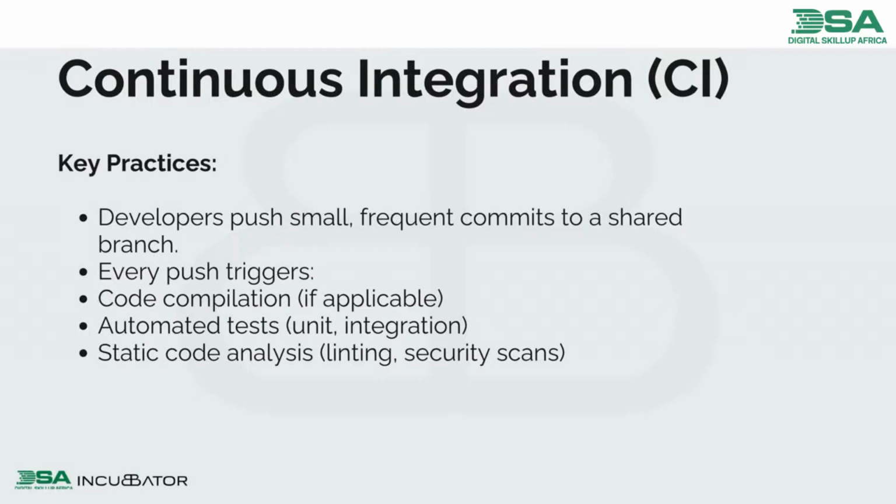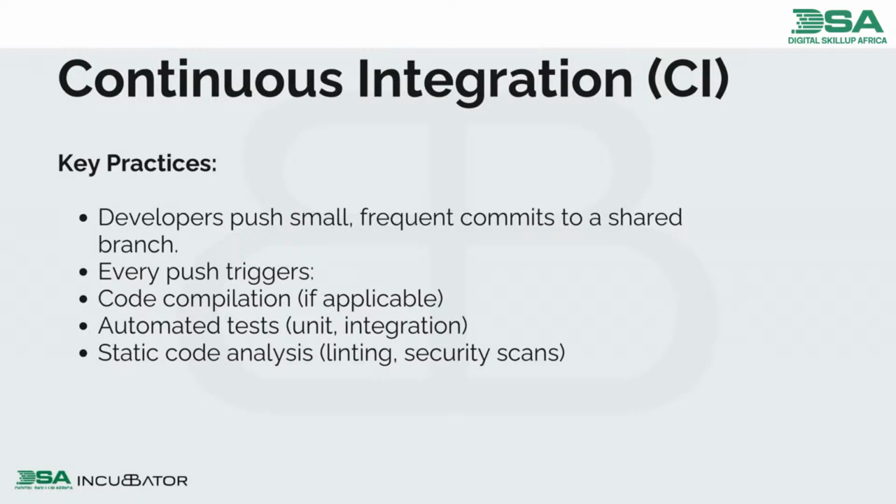What CI helps you with is that at every push you do, it can trigger something like code compilation. We learned about TypeScript and compiling TypeScript, or what we call transpilation. So transpilation can happen automatically, so you don't have to do it manually, right? The CI pipeline can handle that for you.